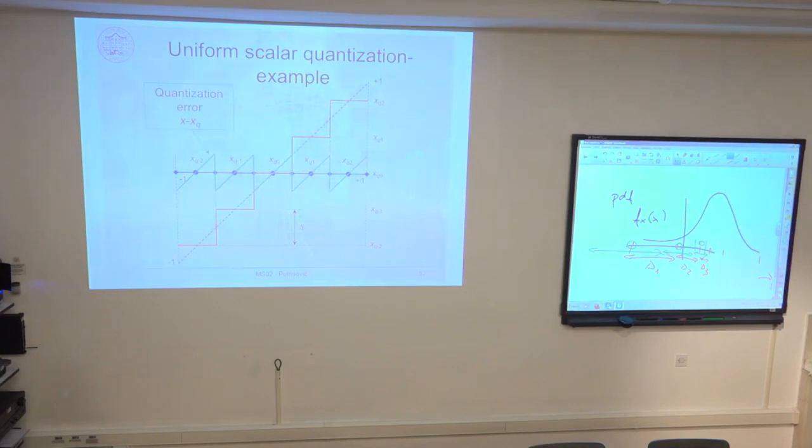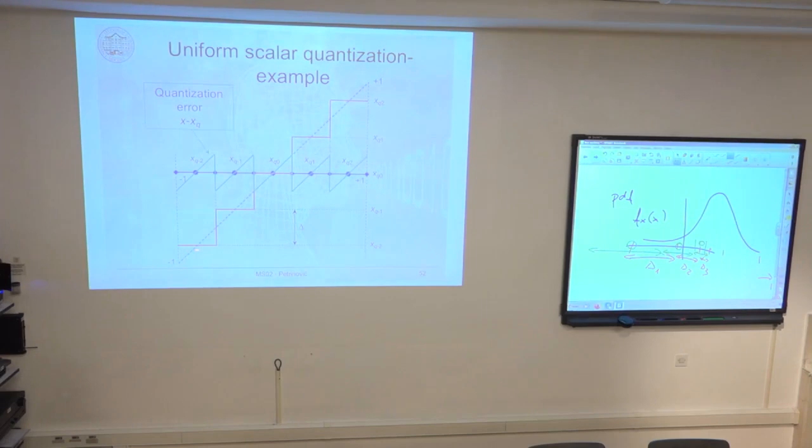Now I have to compute the expected value of the variance of the quantization error. But for each of those errors, I have to know the probability. What is the probability of this blue value? How often does the value -0.9 occur, for example?